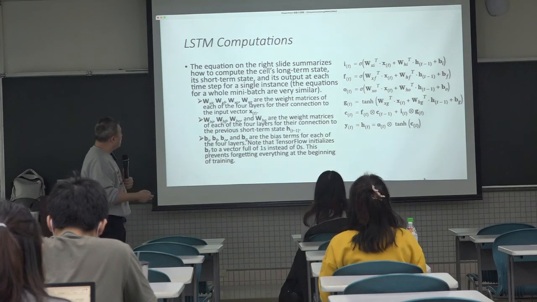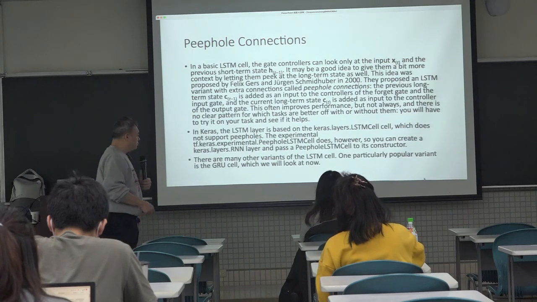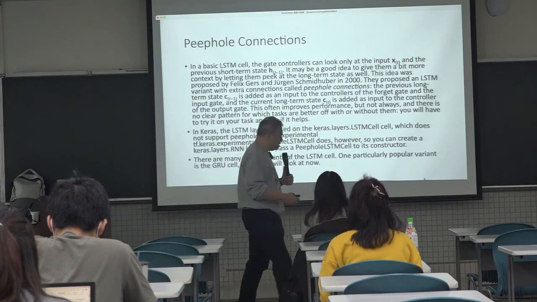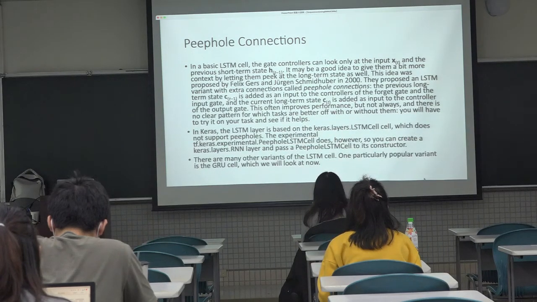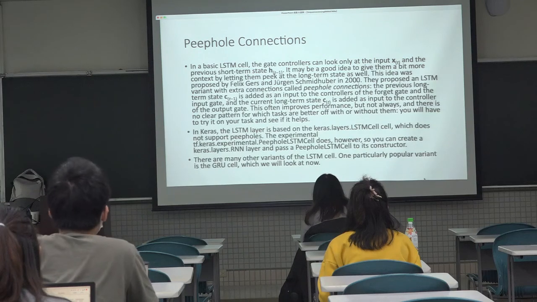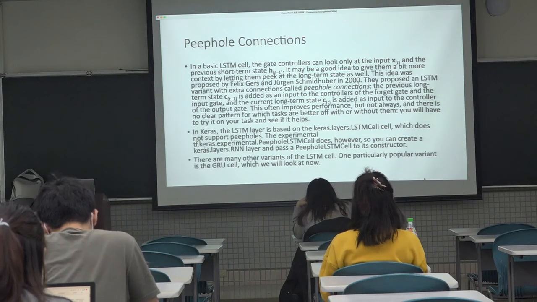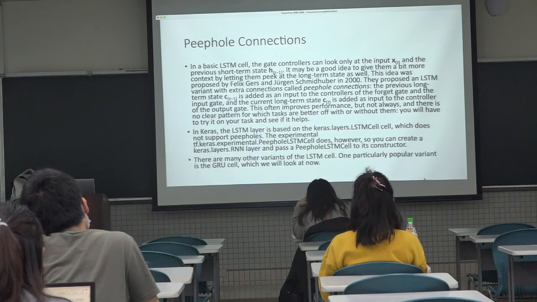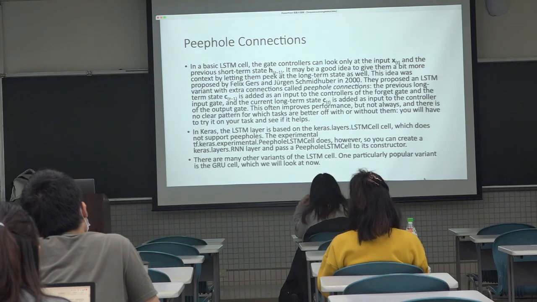But just like what I said, we could consider improving this LSTM cell. Some people think that the gate controller looks at only the input and the previous short-term state to determine what to forget, what to keep, things like that.